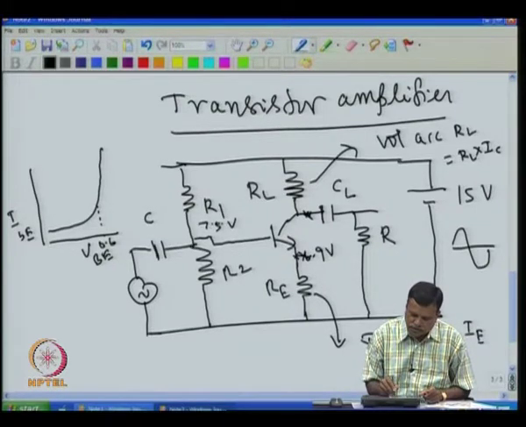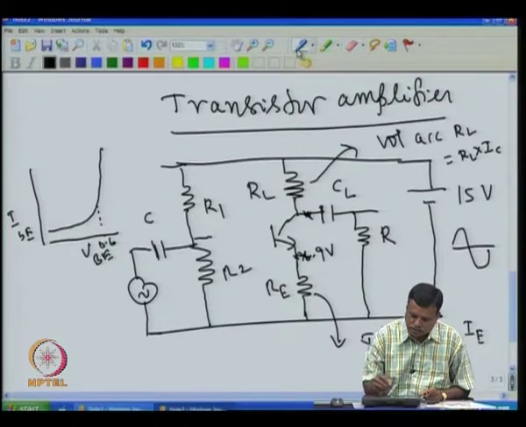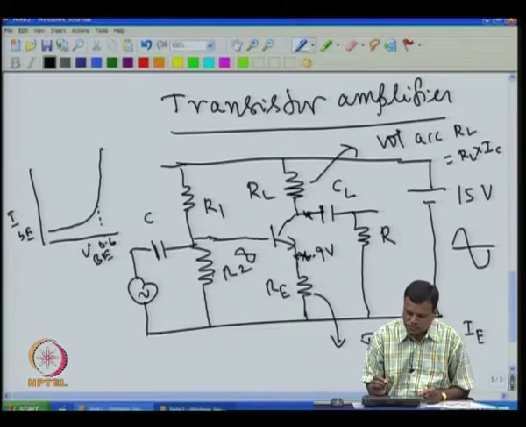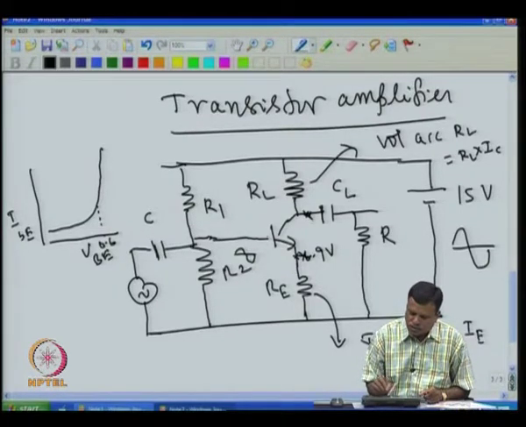At this point you will get the DC voltage plus this AC voltage, both added together. So, the voltage at this point will be this AC plus whatever DC voltage is given by R1 and R2. So, this voltage will be amplified and come out at this point.